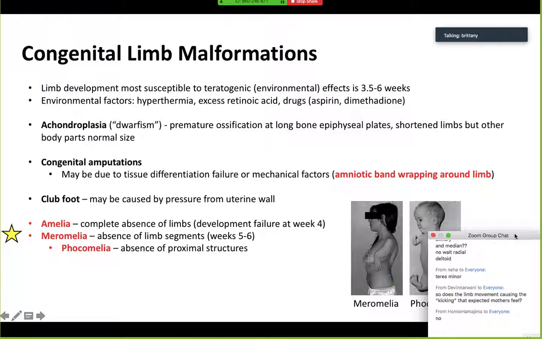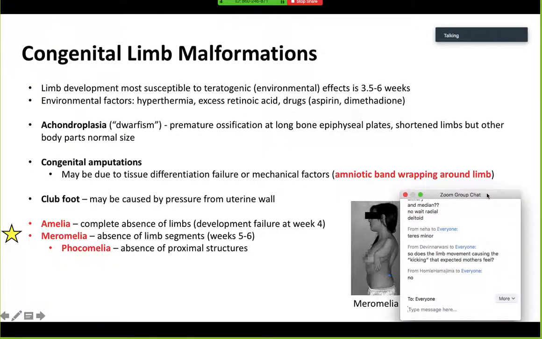Okay, so limb malformations. I mean, this is a maybe, so you can get congenital amputations if you have amniotic bands wrapping around the limbs. But the question I remember from last year, it was right here. Okay, so definitely know those definitions.